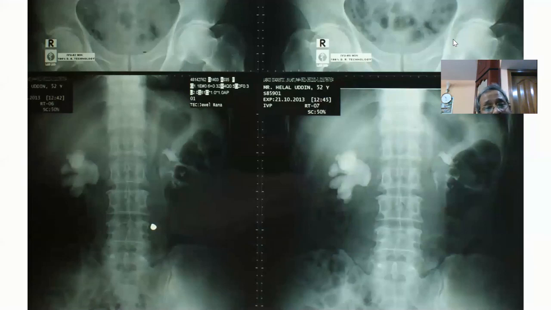No, the kidney is non-visualized. A non-functioning kidney is diagnosed by correlation with other investigations like ultrasonography, and you can do isotope scanning. These two are combined to give the opinion whether the kidney is functioning or not.